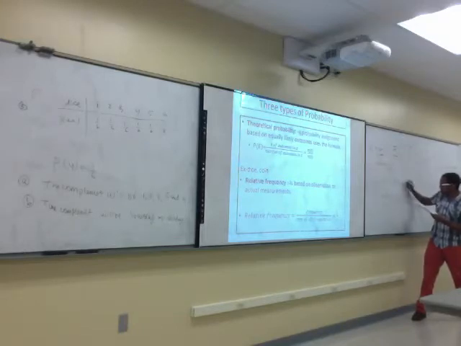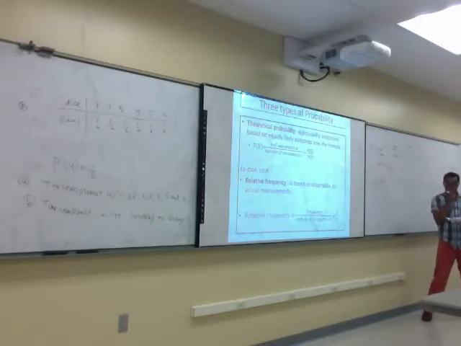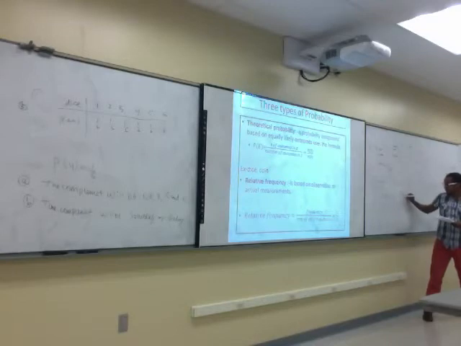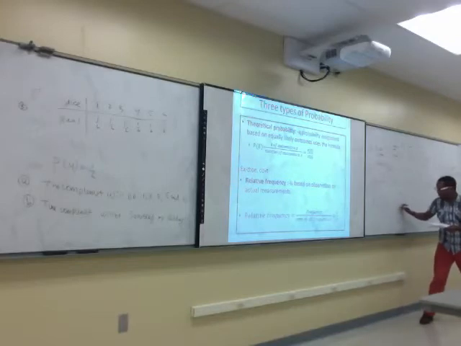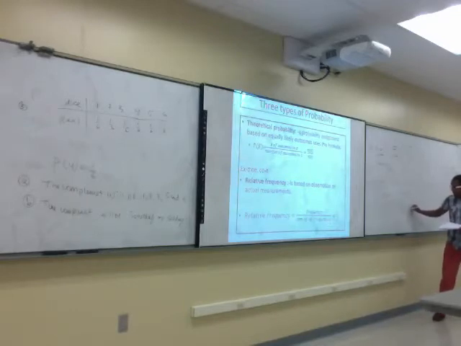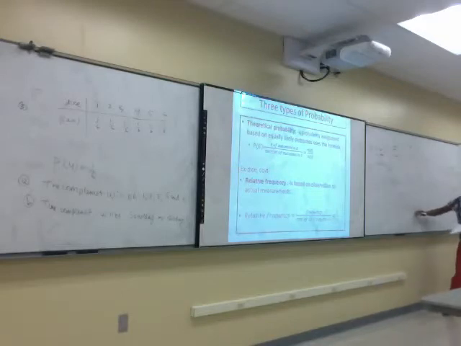So if I'm given that the probability of a person living in an industrial country is 1/5, then the probability of not living in an industrial country will be 4/5, because the probability of a person living in the industrial country plus the probability of not living in the industrial country has to equal 1.